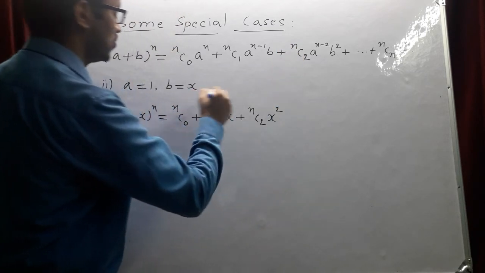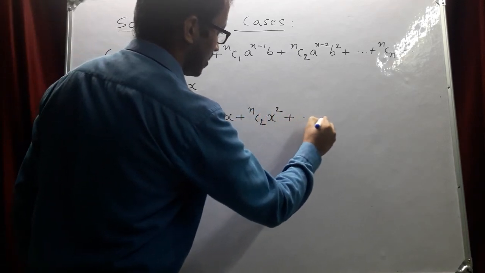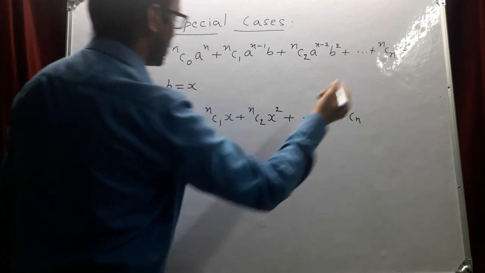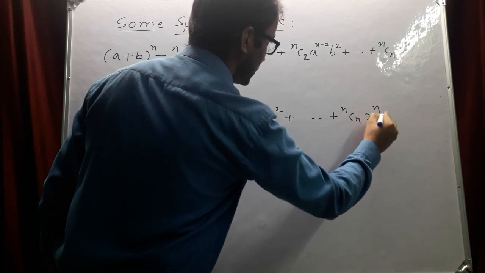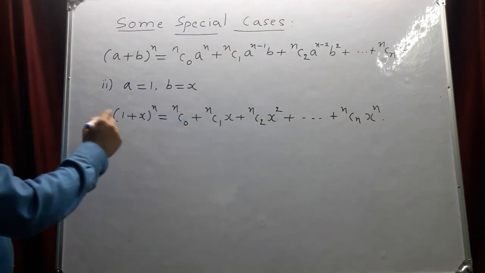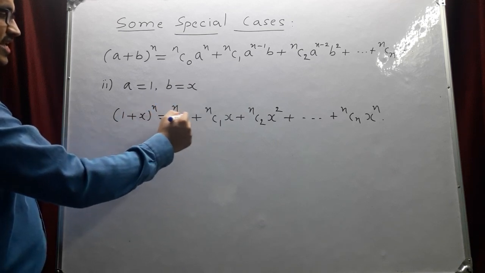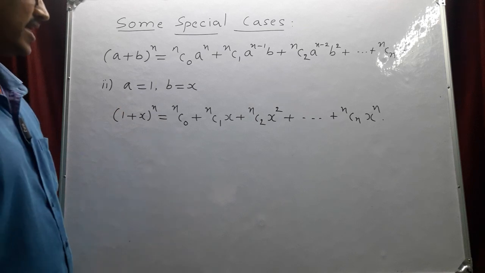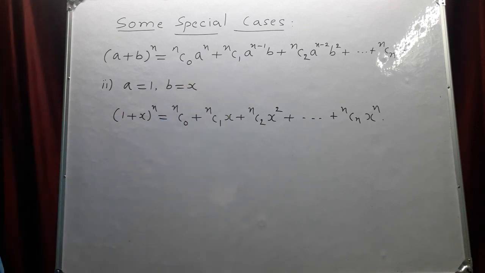Since b is x, b square becomes x square, and so on. The last term is nCn b power n, that is x power n. So the expansion of (1 plus x) power n is nC0 plus nC1 x plus nC2 x square and so on up to nCn x power n.